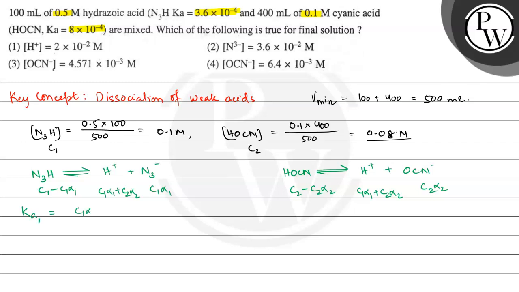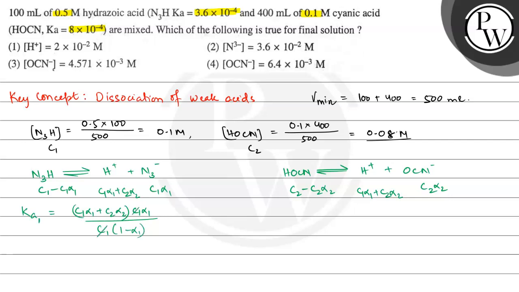So this is C1 alpha 1 plus C2 alpha 2 multiplied by C1 alpha 1 divided by concentration of N3H, that is C1 minus C1 alpha 1. हम इसको C1 को कॉमन फैक्टर लेके भी लिख सकते हैं, C1 multiplied by 1 minus alpha 1.